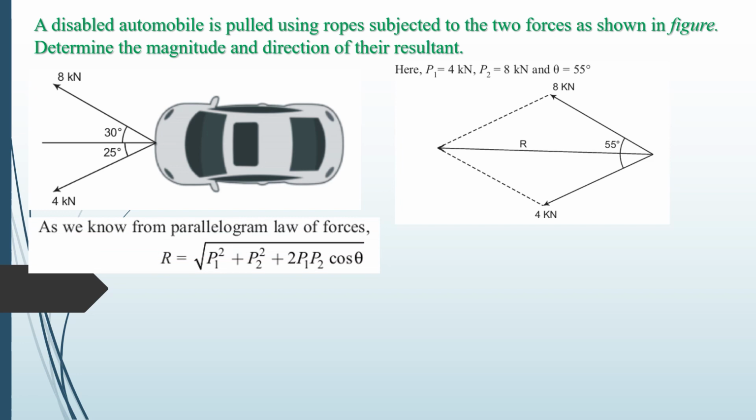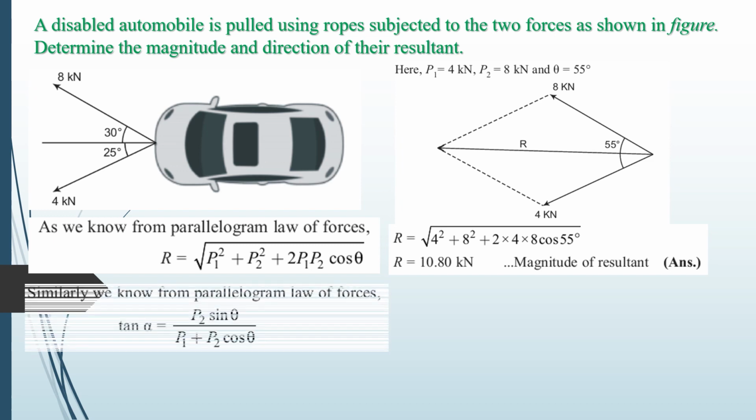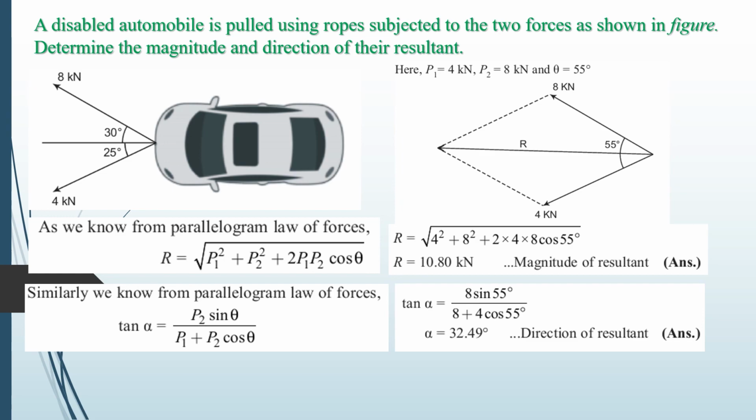We know the resultant force from the parallelogram law of forces: R is the square root of P1 squared plus P2 squared plus 2 P1 P2 cos theta. Once we substitute P1, P2 and theta, we get R as 10.8 kN. Similarly, tan alpha is P2 sin theta divided by P1 plus P2 cos theta, so we get the alpha value as 32.49 degrees.